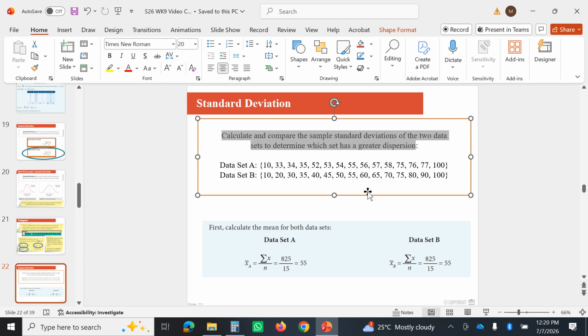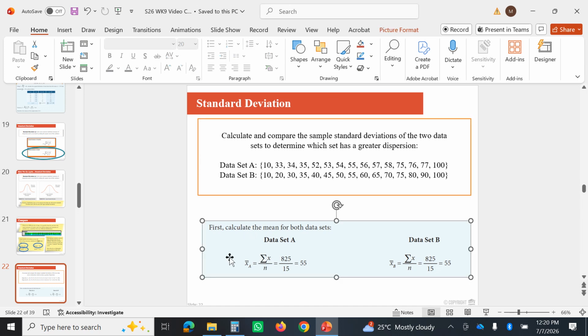Which one is more spread out? So basically, you're going to calculate the standard deviation of this one and of this one, because they both have the same means, 55 and 55, and you're going to see what is going on with these two.